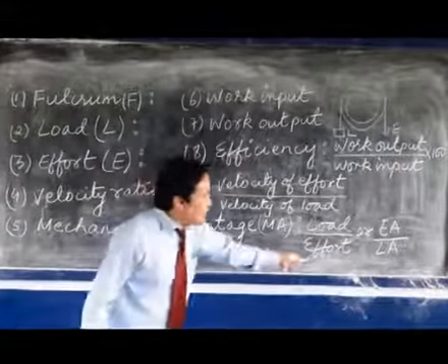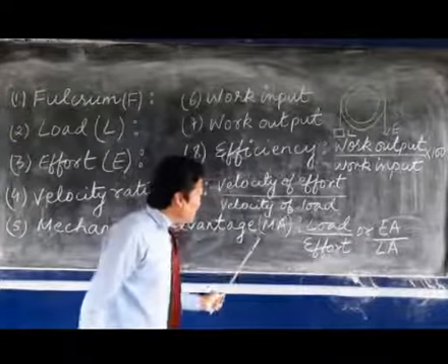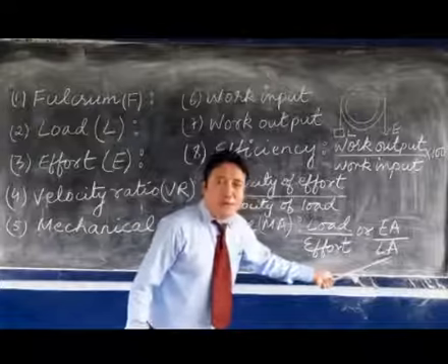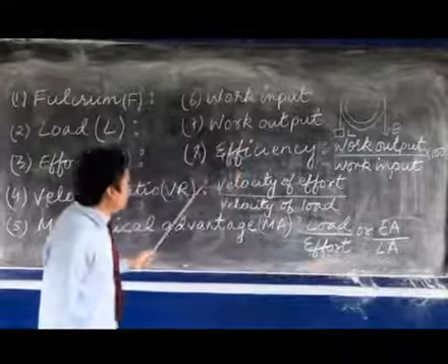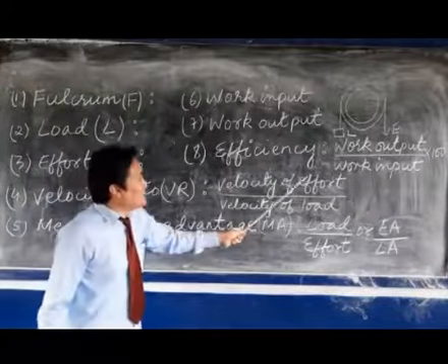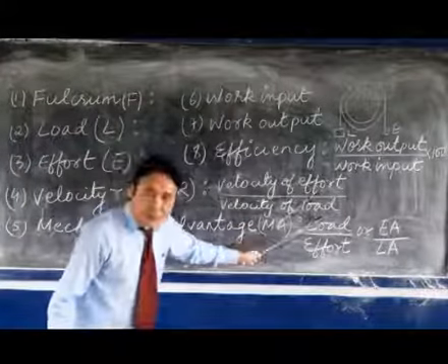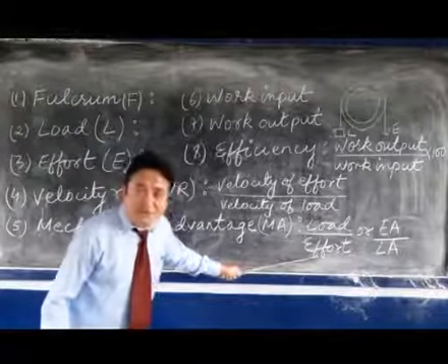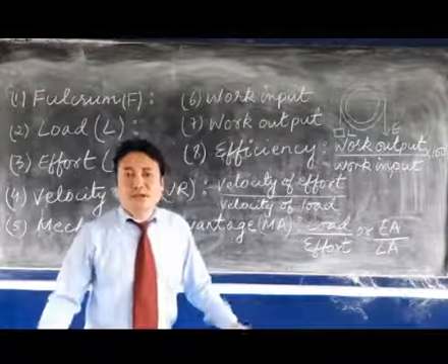If the effort arm and load arm are given, you can find mechanical advantage using this relation: effort arm divided by load arm. So mechanical advantage and velocity ratio are both ratios, the velocity of effort to the velocity of load, and similarly the velocity of load to the velocity of effort.